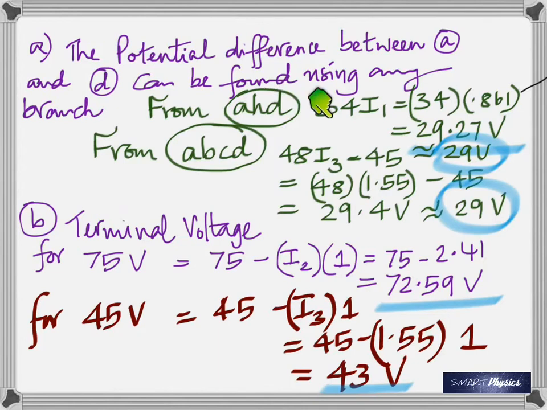You look at this carefully, you see 34 I1, and then you see 48 I3 minus 45. So you got 29.27 and 29. And then the terminal voltage is 75 minus the current flowing through 1. Okay, so you got to look at that really carefully to understand. You may want to write that down.